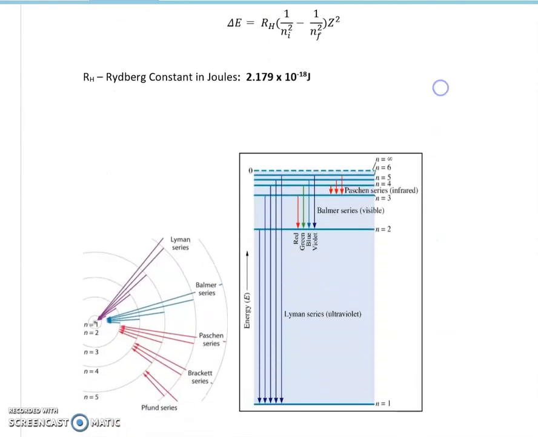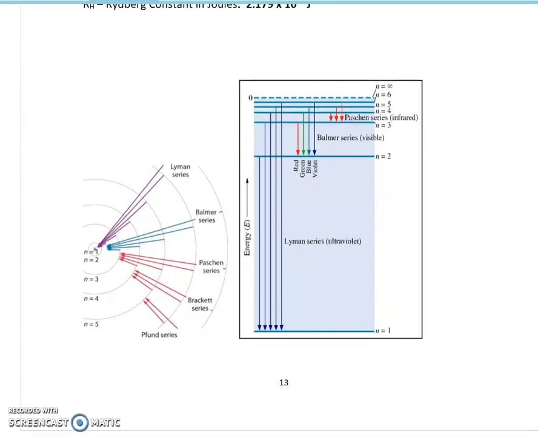So over here, I have the different series. Here's the Balmer, and notice that with the Balmer series, it all will end at n equals 2. We also have the Lyman series, which is in the UV region, and the Paschen series.